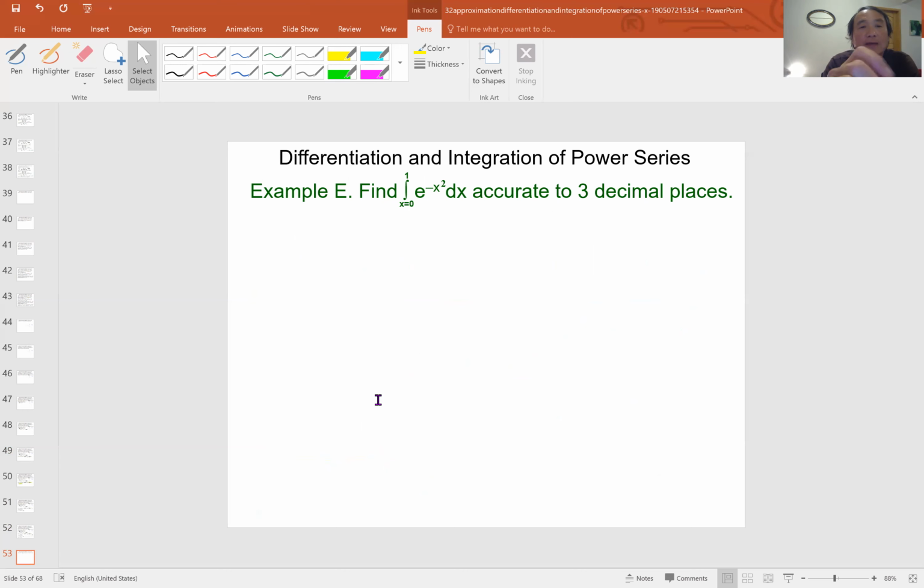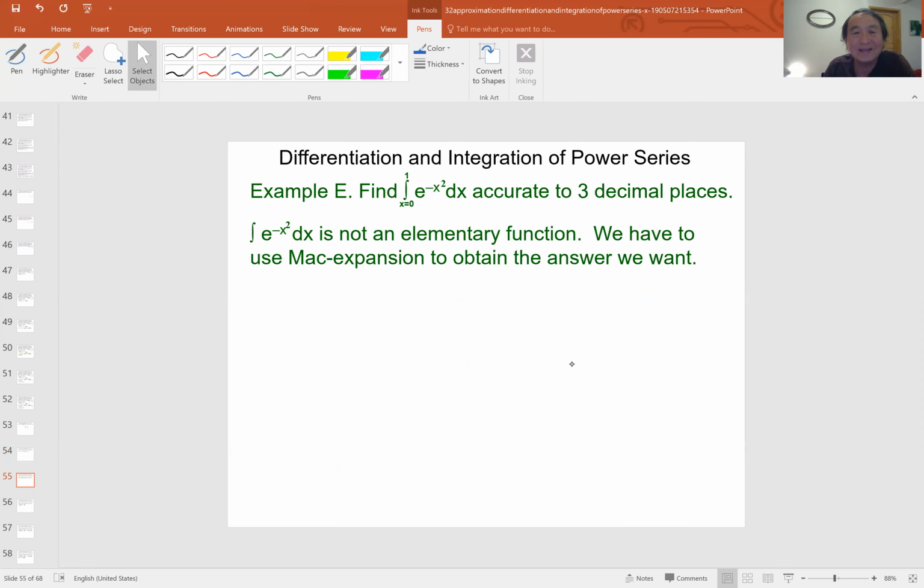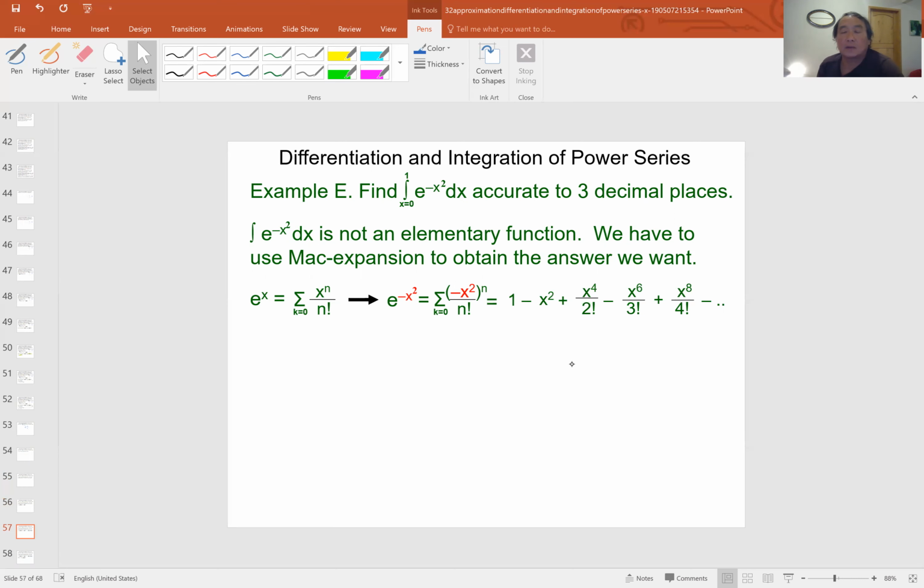You cannot integrate this, it is non-elementary. But I can first expand the exponential formula. So plugging x squared into the expansion for e to the u, now I get a bunch of alternating even powers. Now I want to integrate these.